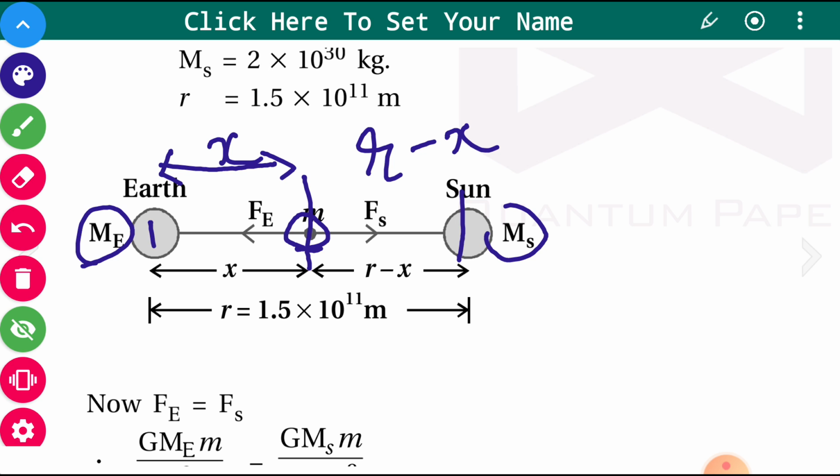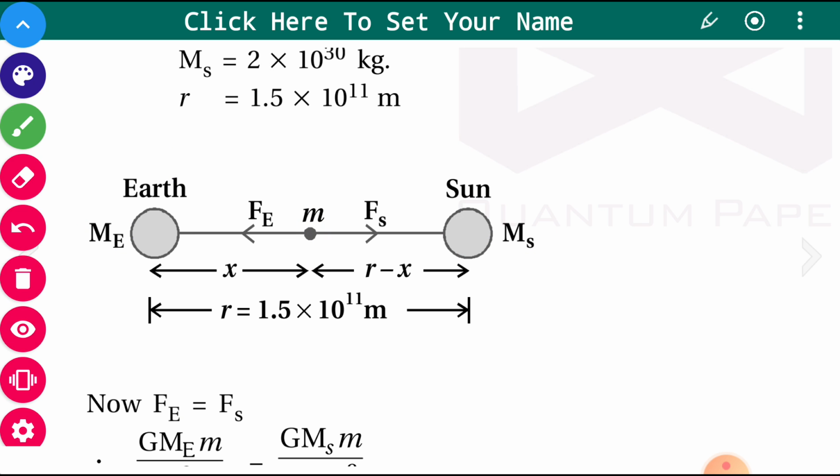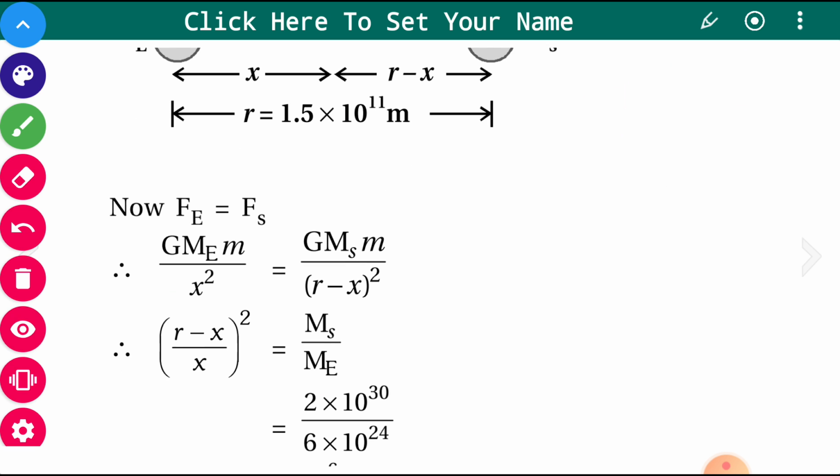Now both the forces here at this point, which is situated at distance x, must be equal in magnitude. So the force on this rocket by the earth must be equal to the force on the rocket by the sun, and we are comparing these two forces. So G Me m upon x squared is equal to G Ms m upon (r minus x) squared.